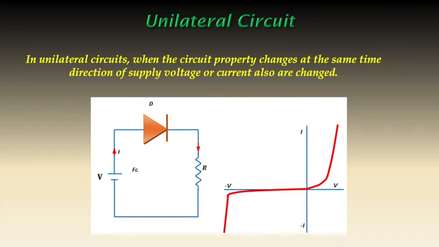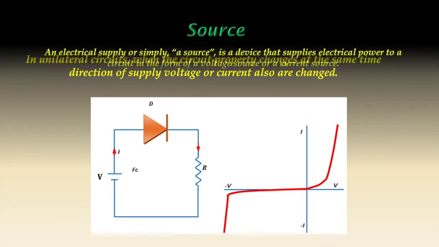In case of reverse bias, the VI characteristics is completely different as shown in figure. Here positive voltage indicates forward bias and negative voltage indicates a reverse bias. As per definition, this circuit is said to be non-linear.